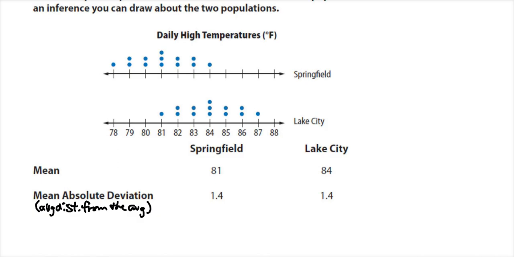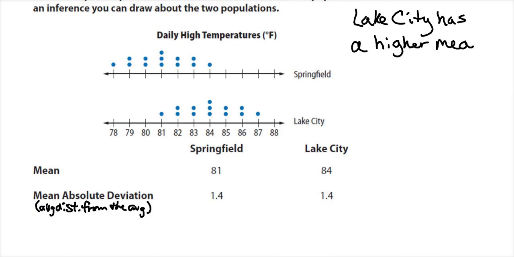I already apparently made these up for you, so we just need to talk about it. Let's take a look here. We have Lake City, which had a higher mean. So let's say that Lake City has a higher mean temperature.